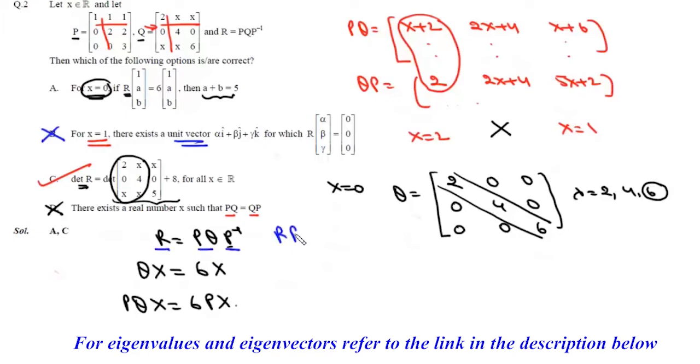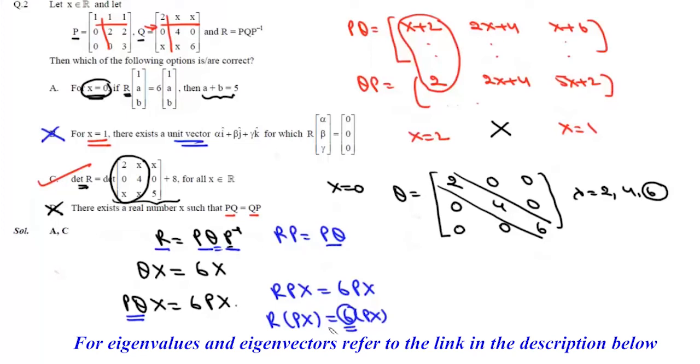So we'll write RP will be equal to PQ. So we can replace this PQ with RP. So RPX will be equal to 6PX, or we can write this as R, considering PX as one matrix, equal to 6 into PX. Now this is Rx dash equals 6x dash. That means this 6 is also an eigenvalue for R.